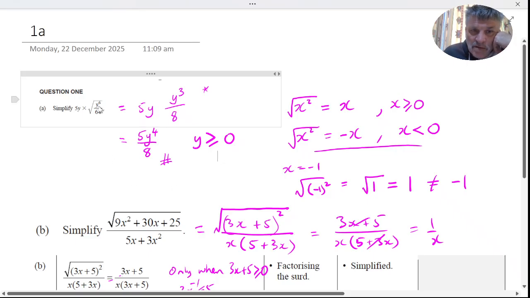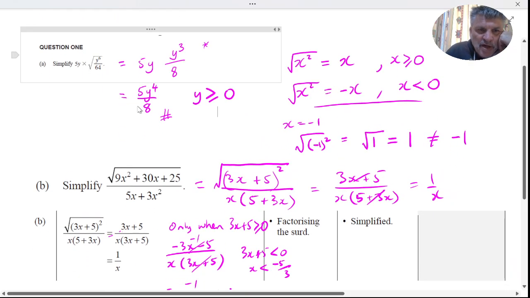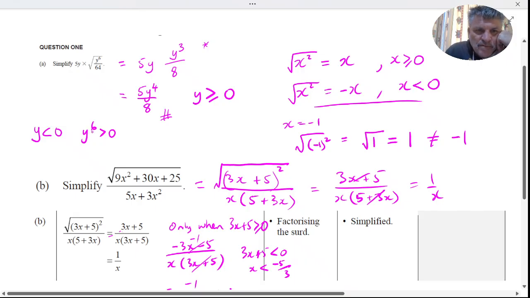Yeah, if y is negative, basically any even power, if y is less than 0, then y to the power of 6, any even power, is always going to be greater than 0. And then when you take the square root, you need a positive number, but y cubed is less than 0 because we've got a negative to multiply by itself 3 times.